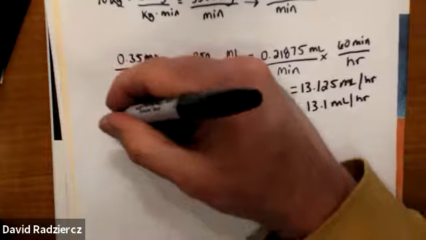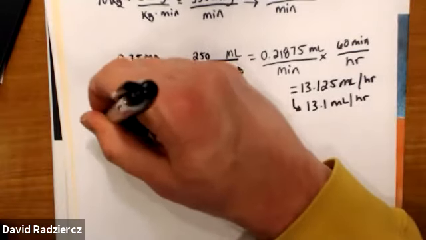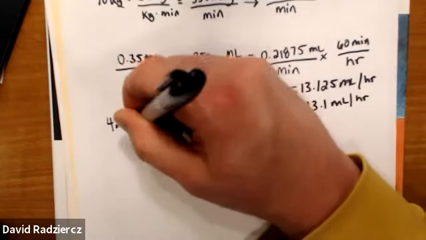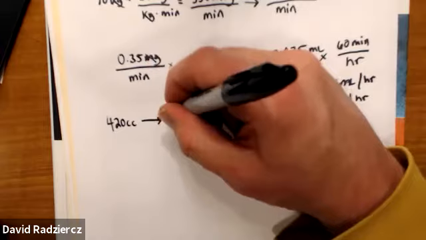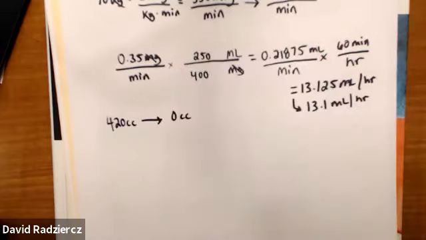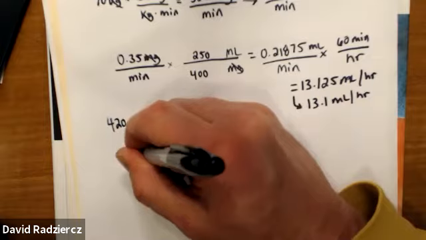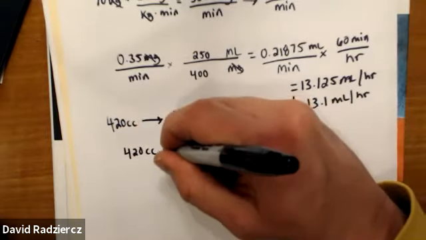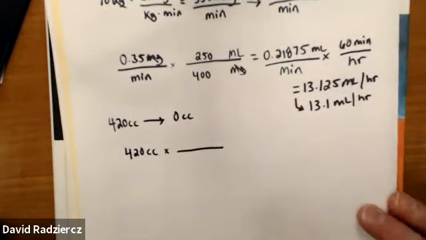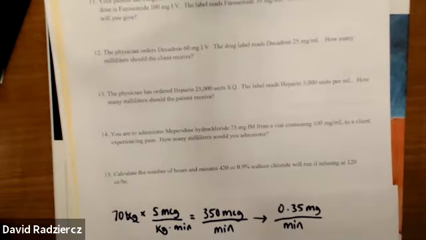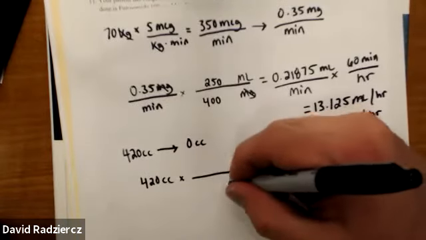So basically what this question is saying is we have 420 cc's. We want to know how long it'll run till it gets to 0 cc's. So we start with our 420 cc's, and it's infusing at 120 cc's per hour.